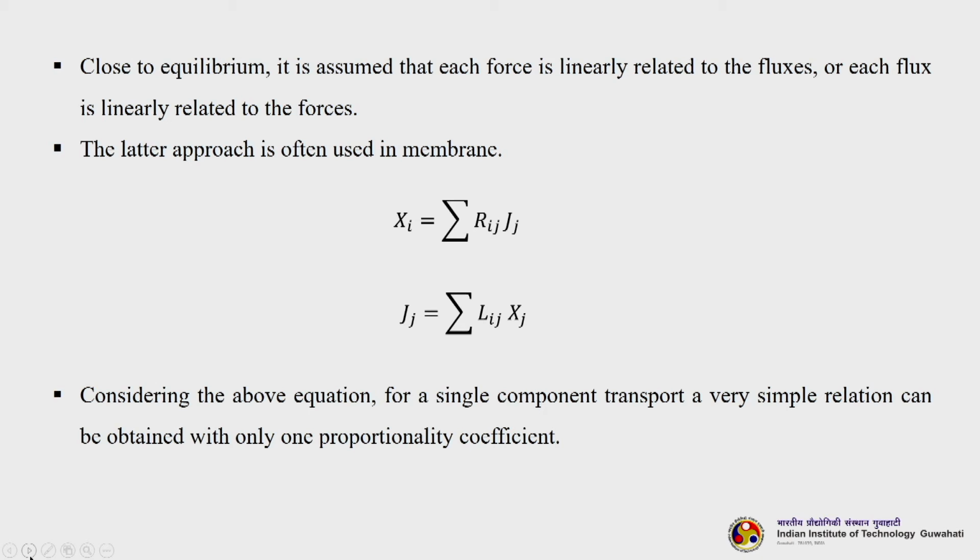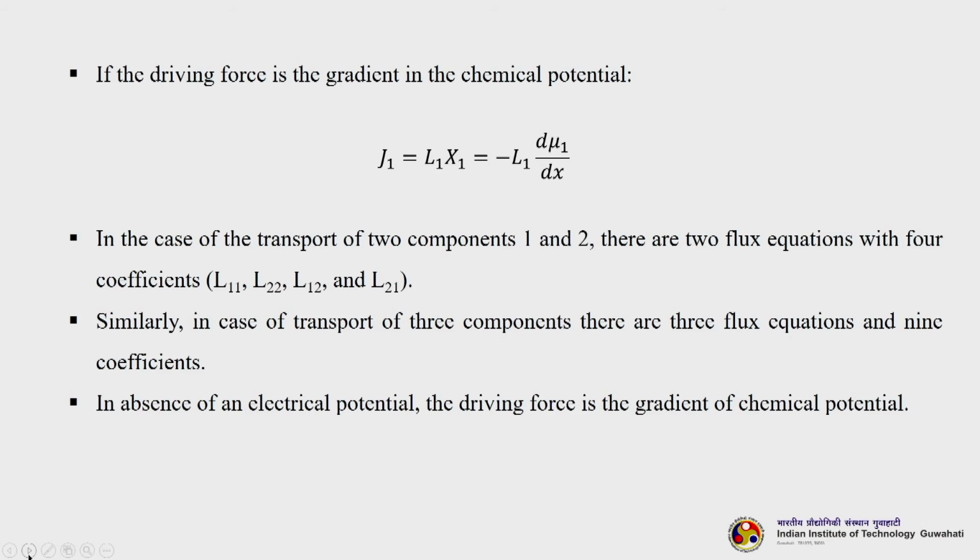Considering the above equation for a single component transport, a very simple relationship can be obtained with only one proportionality coefficient. The idea is to make life easier, so we use only one proportionality constant to derive the single component transport equation. If the driving force is the gradient in the chemical potential, then we can write J1 equals L1 X1, that is equal to minus L1 d mu 1 by dx.